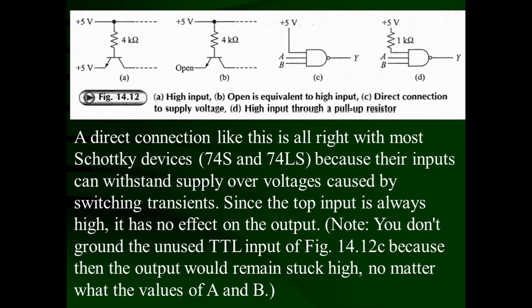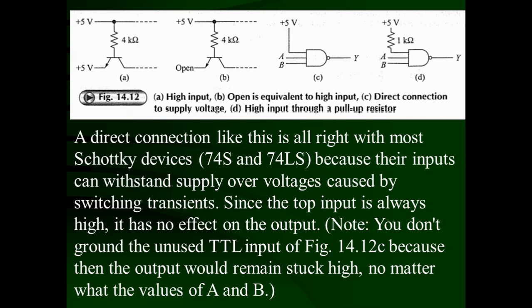These two series which contains the Schottky diode, and hence they are having inbuilt protection against the noise, and that means if there is a spikes etc. is going to be there, it will not be harm to the gate which is having 74S or 74LS series.